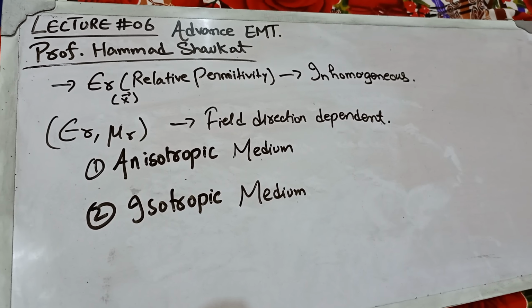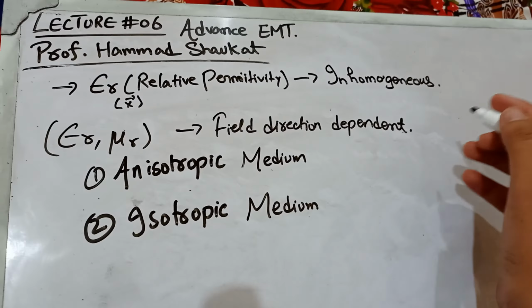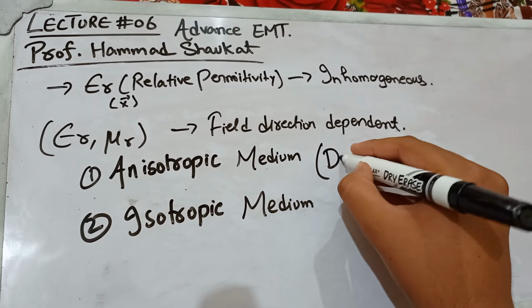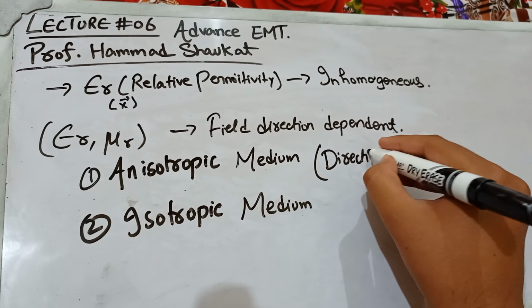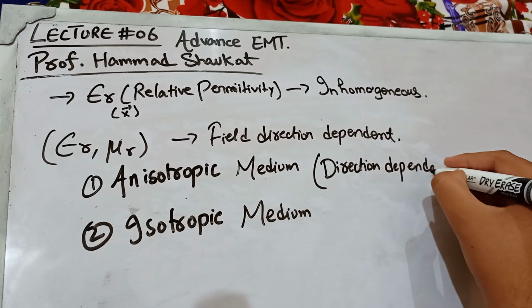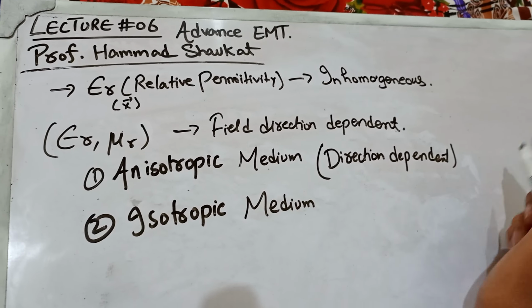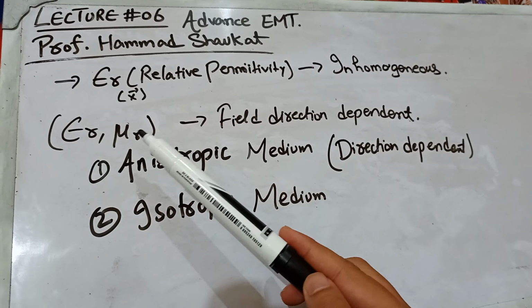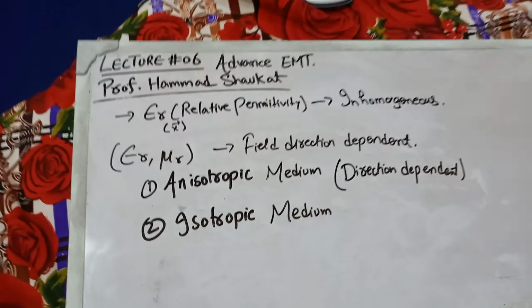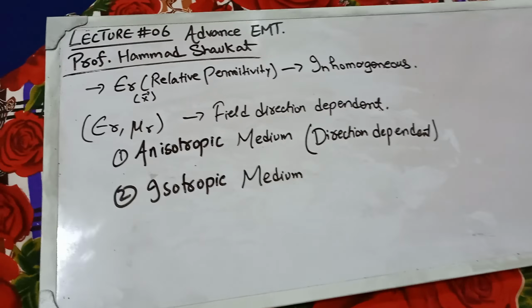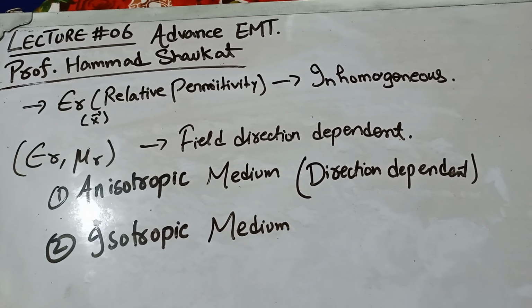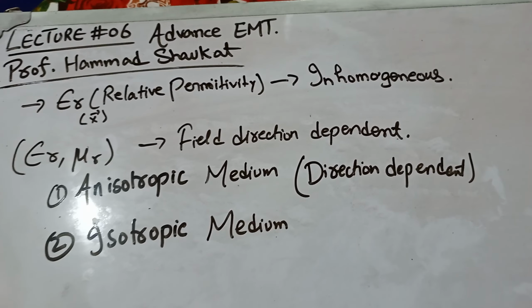Anisotropic mediums are basically the mediums that are direction dependent. So you can say that either epsilon r or mu r, the relative permittivity or the relative permeability, these both are basically anisotropic mediums because they both are direction dependent.